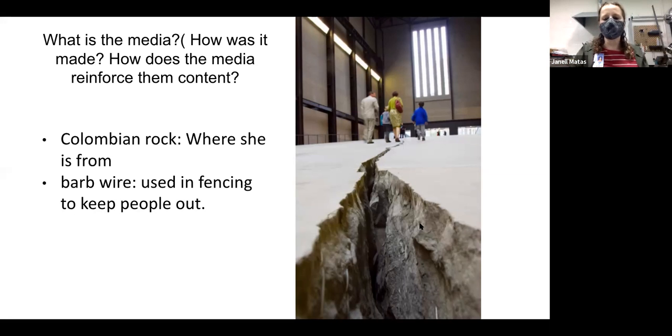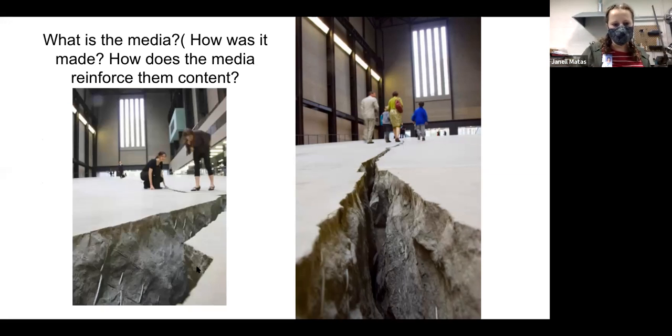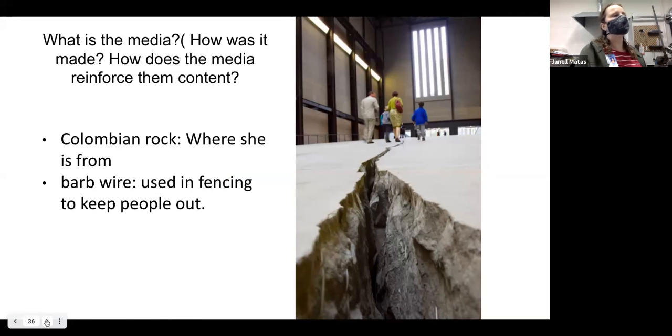And if you pay really close attention, I'll go back to this picture right here. Can you see in the rock, there's barbed wire and fencing incorporated? This is more like fencing rather than barbed wire. Barbed wire and fencing are used to keep people out or to keep people in. Think about putting people in cages, or separating like border walls and so on.